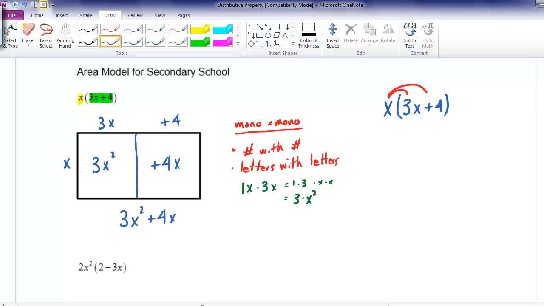And you've gone fishing or whatever your teacher said, and you get the exact same answer. But there's something really nice about an area model. When you use an area model for multiplication, for the distributive property, you never forget to multiply all of the terms inside by what's outside, because you always have to fill in a space.